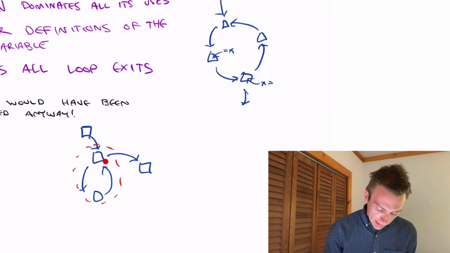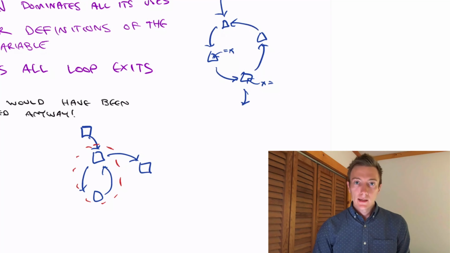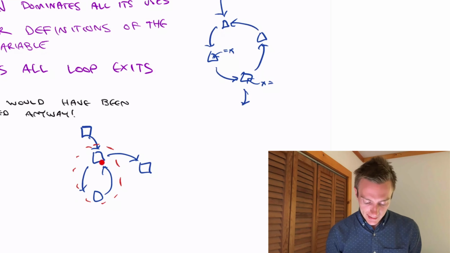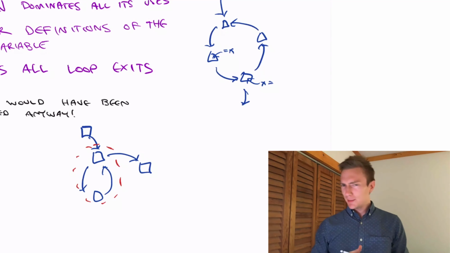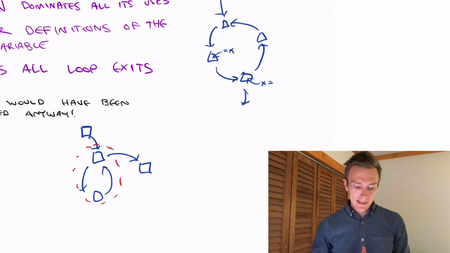This means that nothing inside of the loop except for the header actually dominates all of the exits. It's very important that it is possible for loops to execute only 0 times. Most loops that I write have the possibility to execute 0 times, and that's actually nice.